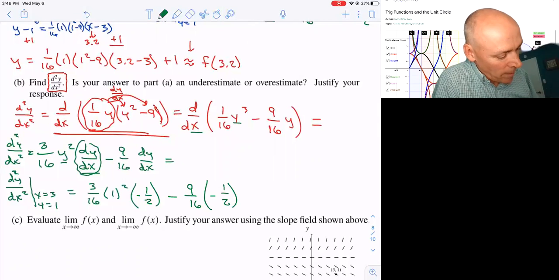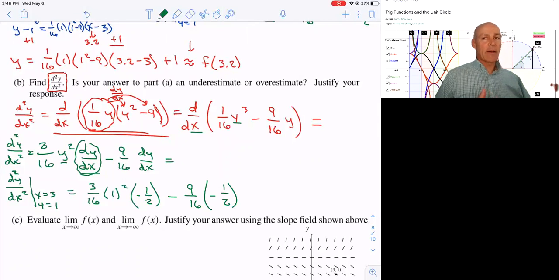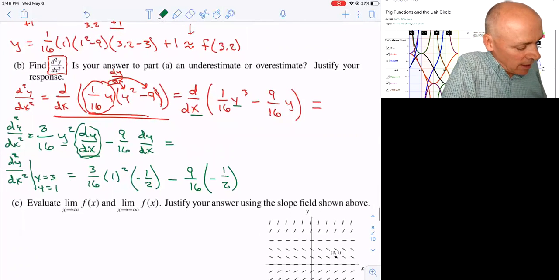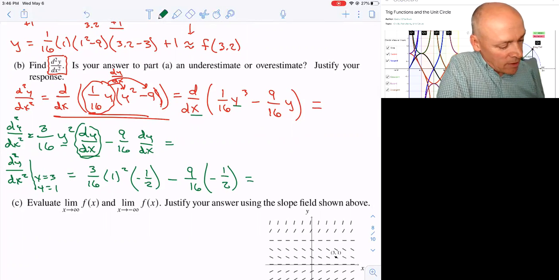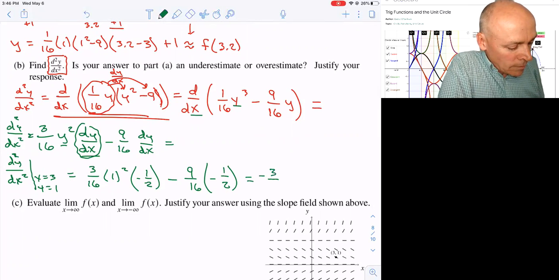Okay, well, I do have to simplify this out because all I care about is this expression: negative or is it positive? Okay, well, looking at the first part here, that's going to be equal to negative 3/32, because my 1 squared just kind of goes away.